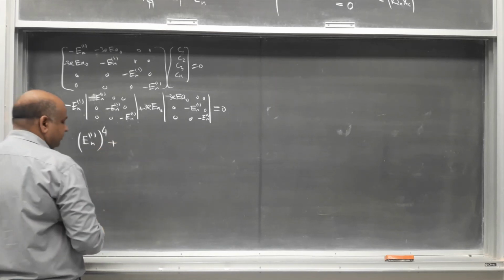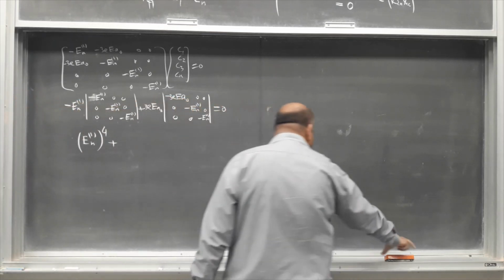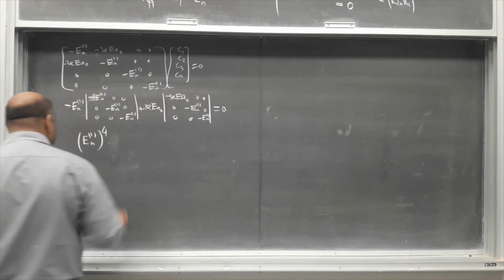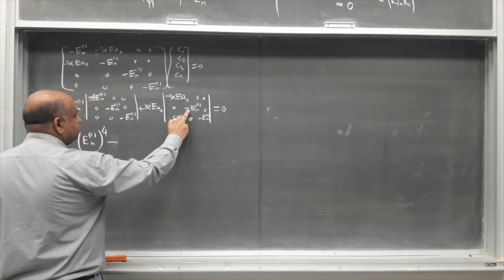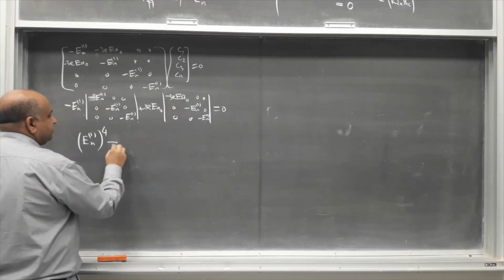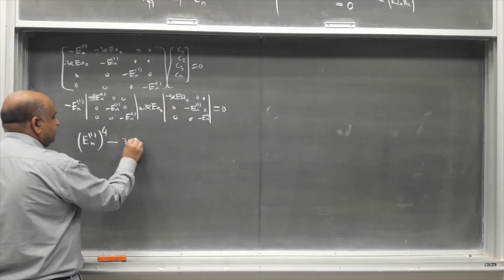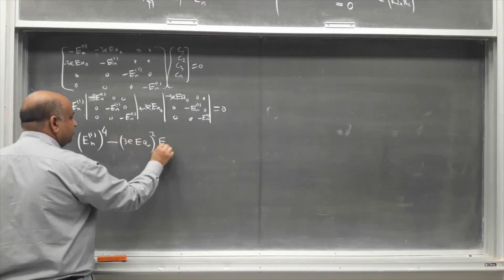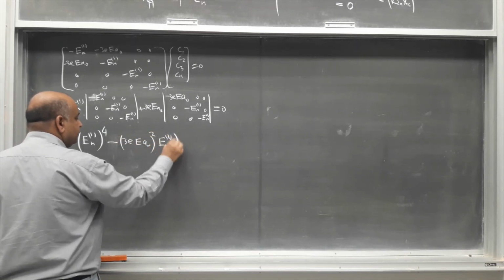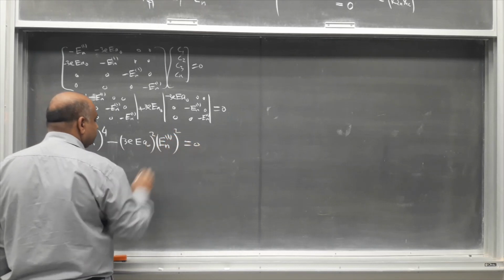And plus actually minus, because its determinant is minus this into this into this, so I get minus 3EA naught square into En1 square is equal to 0.